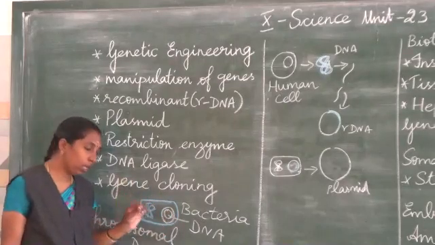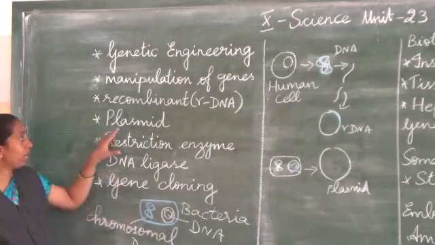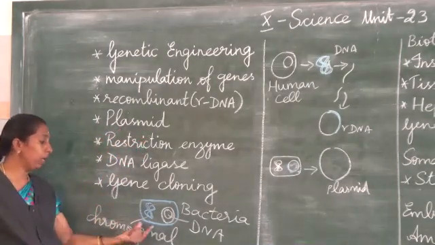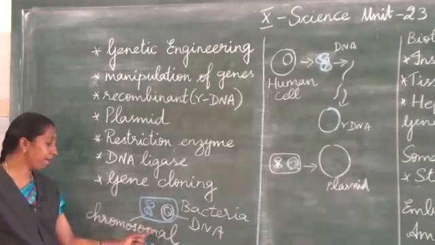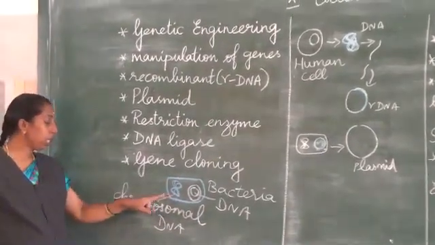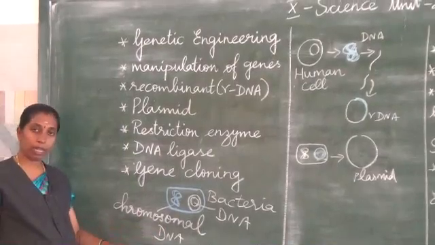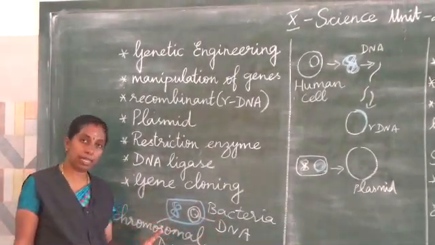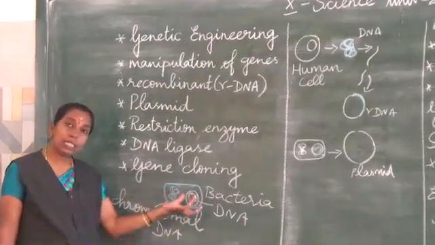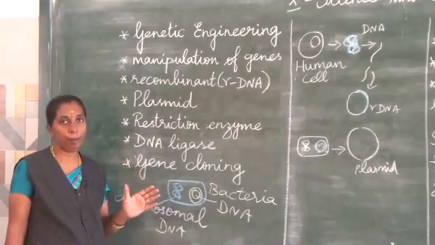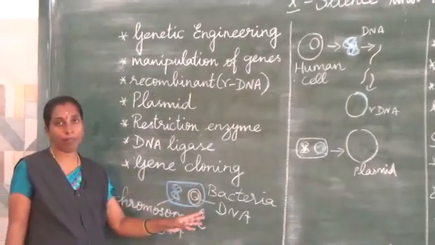Now we are learning about plasmid. In bacteria there are two types of DNA. The first is called chromosomal DNA, and the second is called bacterial DNA, the plasmid. This bacterial DNA has a speciality: it can multiply.